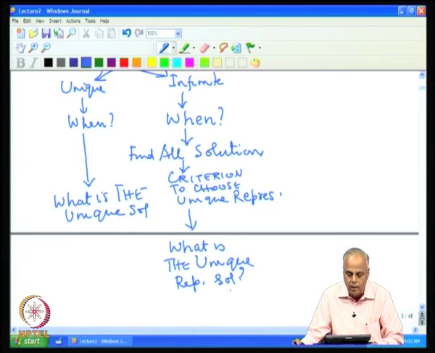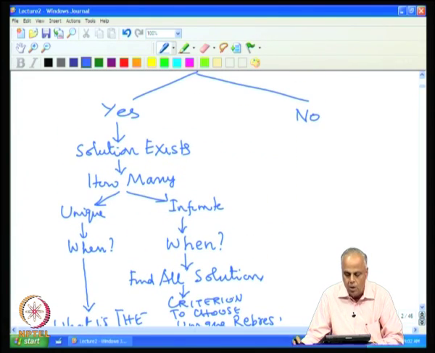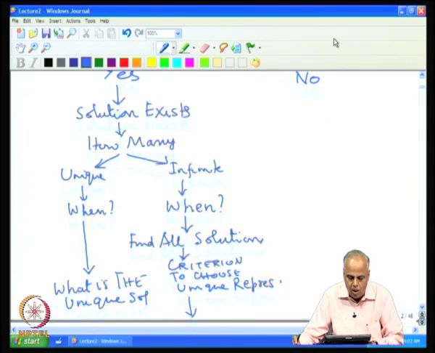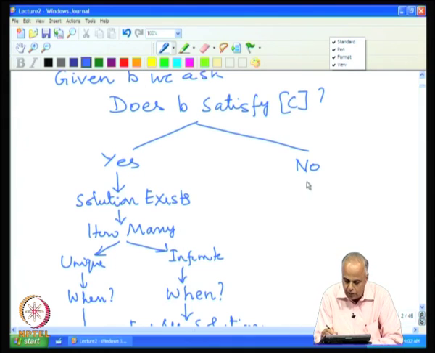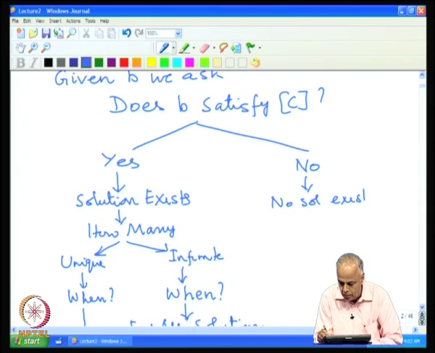Now, let us go back to the other situation where we may encounter no as the answer to the question, that is, B does not satisfy the criterion for the existence of a solution. Then the conclusion we can make is that no solution exists. Then we found last time that under these circumstances we can find what is meant by least square solutions.